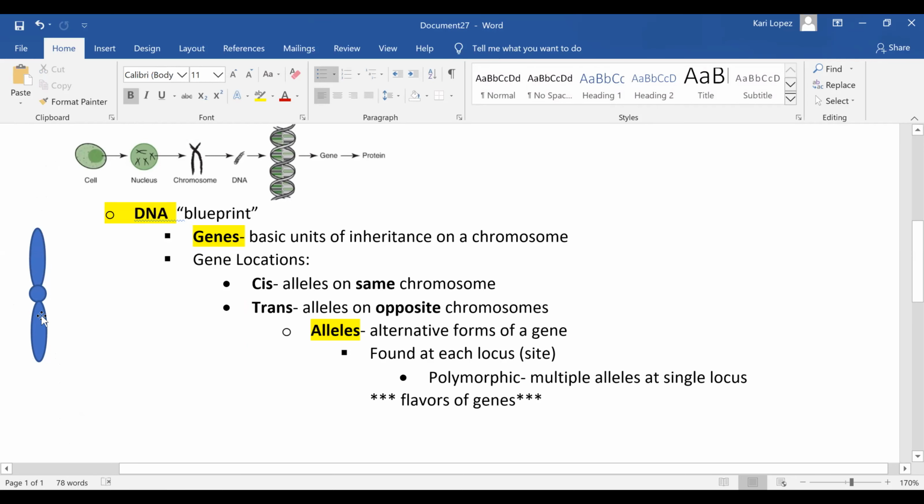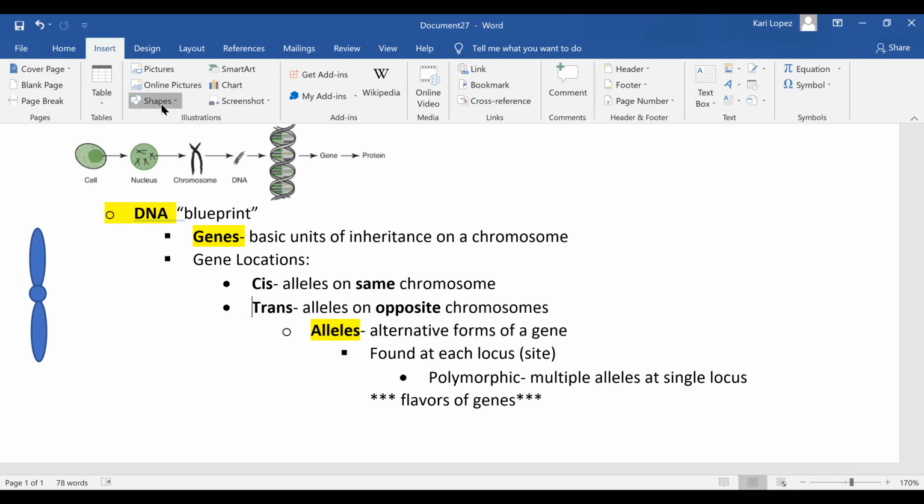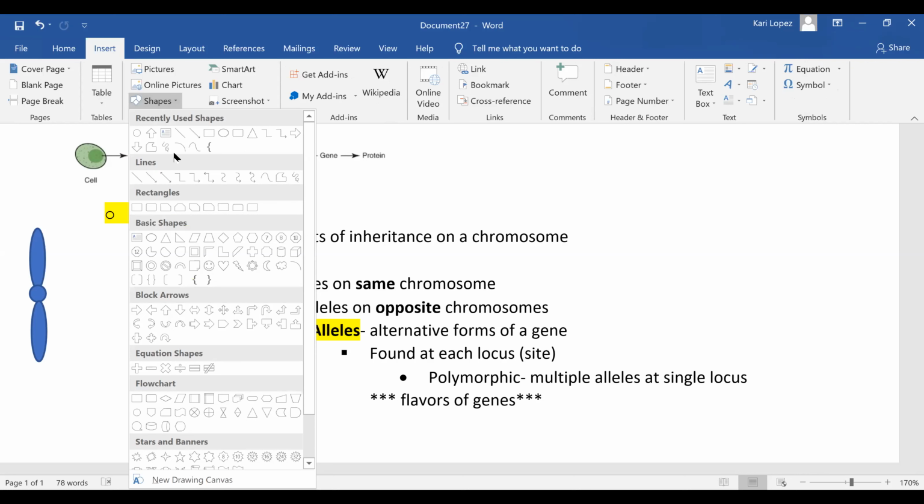Okay, so let's say this is one of your chromosomes. So that's a chromosome you drew?